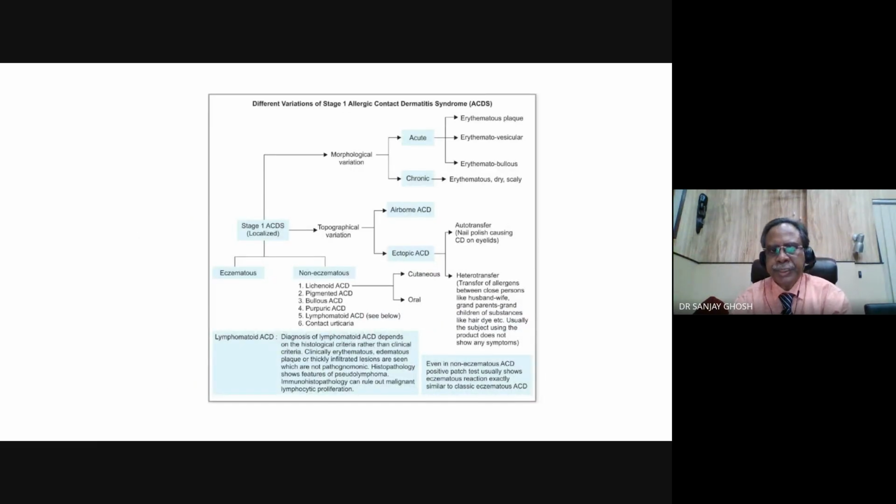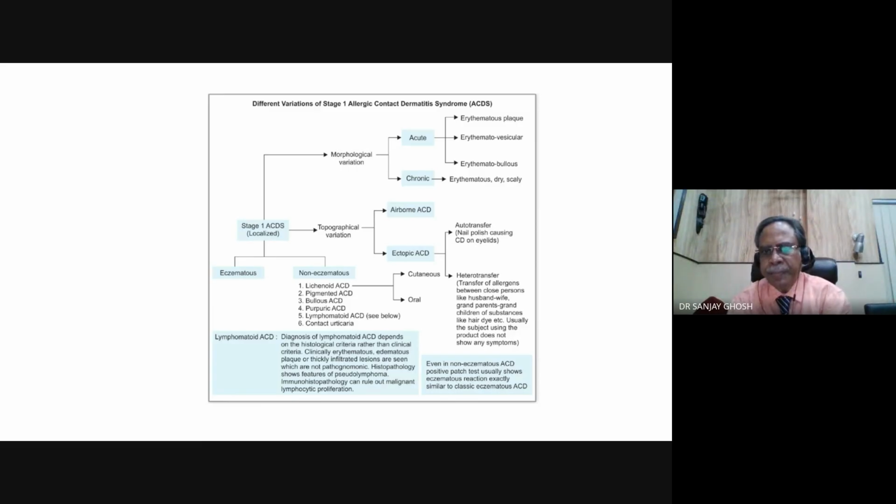Now, this stage 1 SCDS could have some topographical variation. We know airborne contact, I'm coming later in detail. Airborne is without touching. People normally have a conception that contact dermatitis is always by contact, that without contact it can't happen. But here, airborne contact dermatitis can happen without contact.